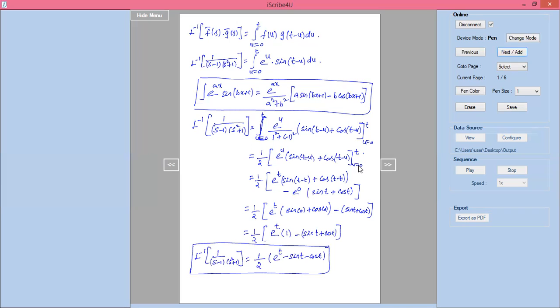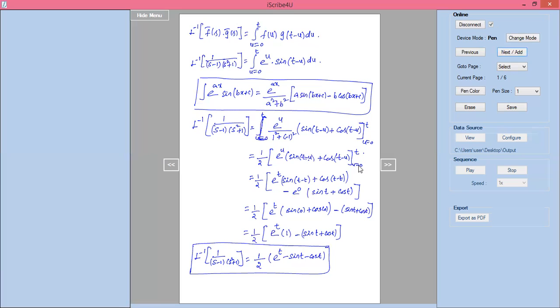Any doubts in this? You can ask. Similarly, you can solve the problems in the same method. Any kind of problem we can simplify in the same method. I have done these 3 problems in a different way. You can also choose the functions like this and simplify using the convolution theorem.